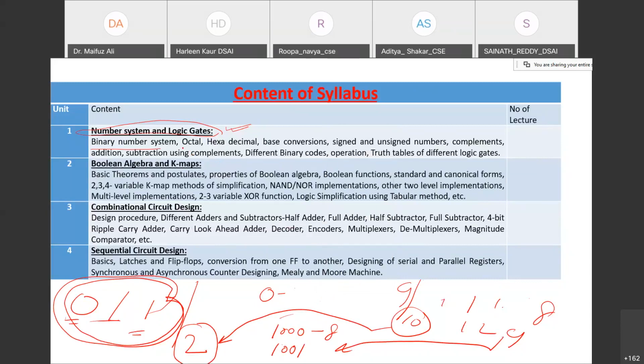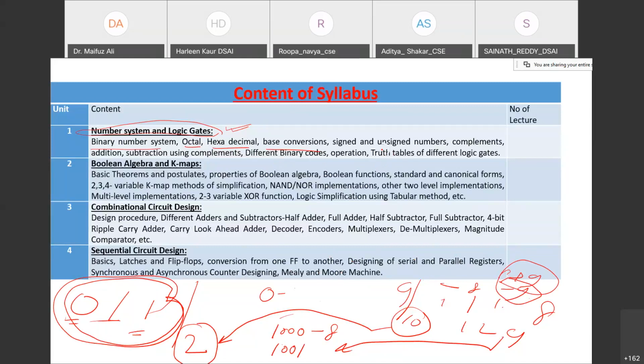And we have to discuss another number system, octal number system, hexadecimal number system, the base conversion, how to convert one number system to another number system. Then sometimes you are using -8, -9, or sometimes +9. This is the signed number system, how to express this -9 or +9 in terms of binary.